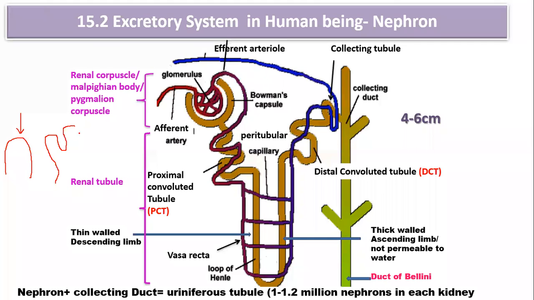So this process is known as invagination. Imagine there is a balloon, and if you put a finger over here, this part goes inside. This process is known as invagination.